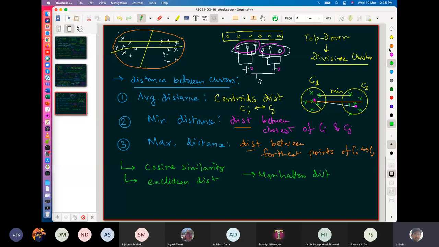And depending on which distance between clusters we follow, in agglomerative or divisive clustering, the name of the clustering algorithm changes. If we follow average distance, the clustering algorithm is called average linkage clustering. If we follow the second one, then it is called single linkage.